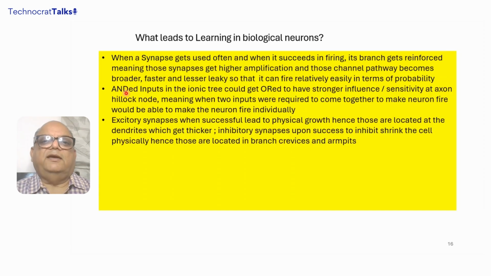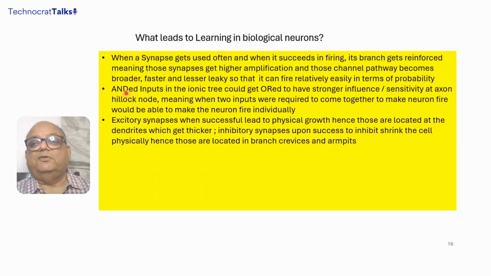Excitatory synapses, when successful, lead to physical growth, and hence generally those are located at the tip of dendrites, and those dendrites which are more successful will get thicker. So visually also one can make out which is the more successful, more probable pathway, which is successfully firing the neuron.